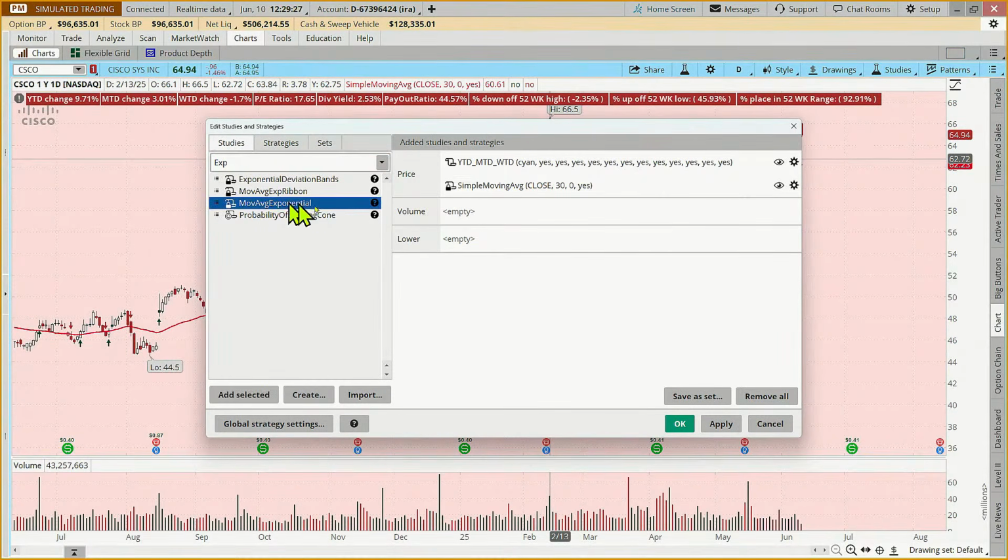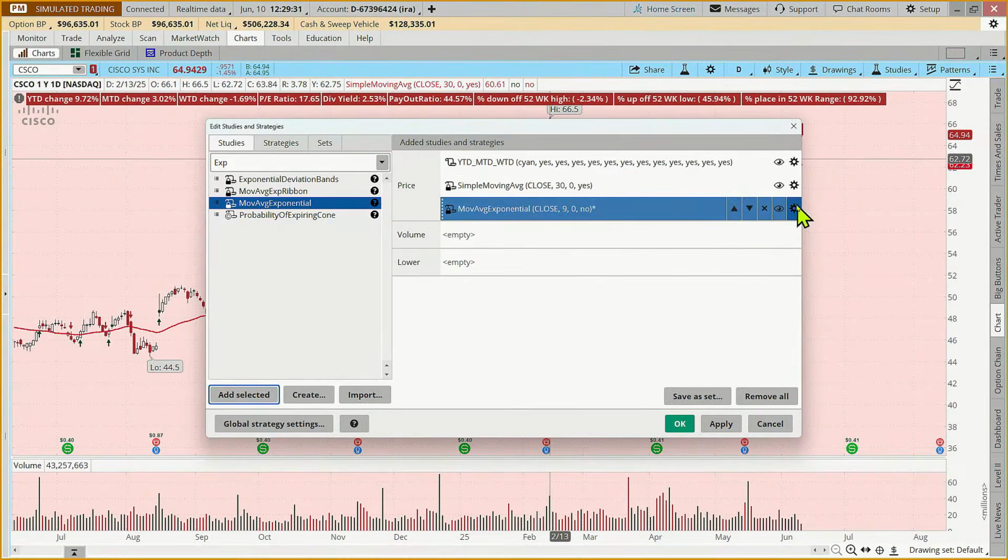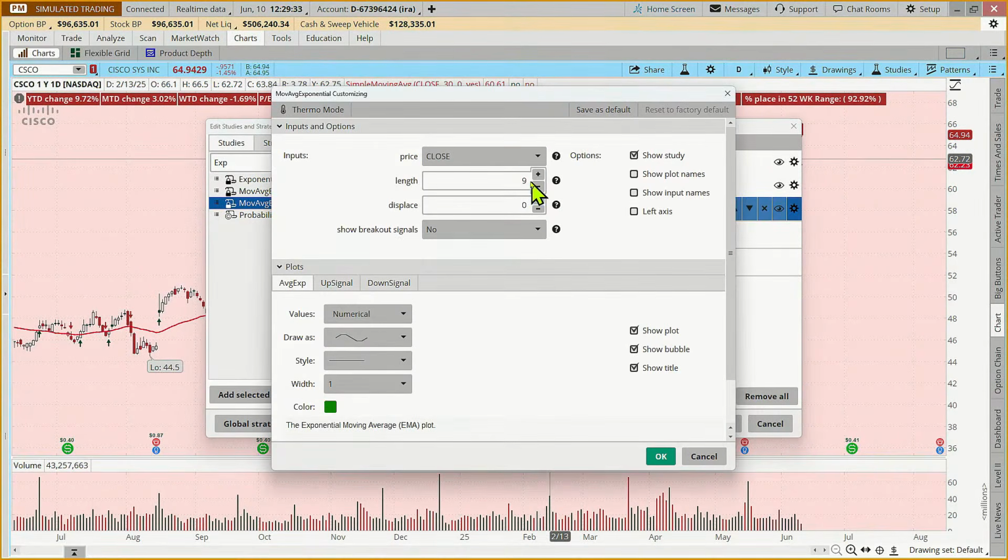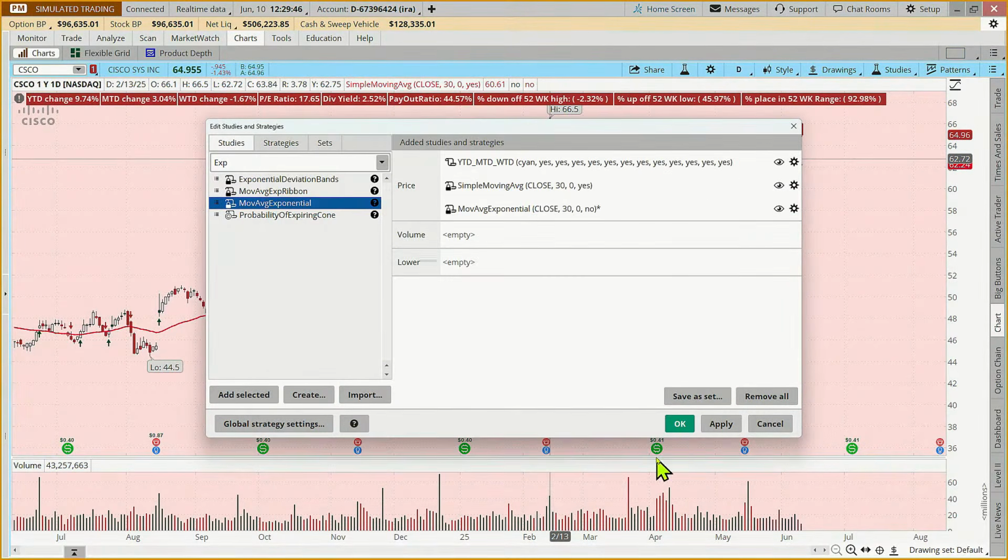Exponential moving average. So if I add this and then we come in and we make this 30 just so that we can compare it. I was on strategies instead of studies, guys. That's why. And let's just make this dotted.